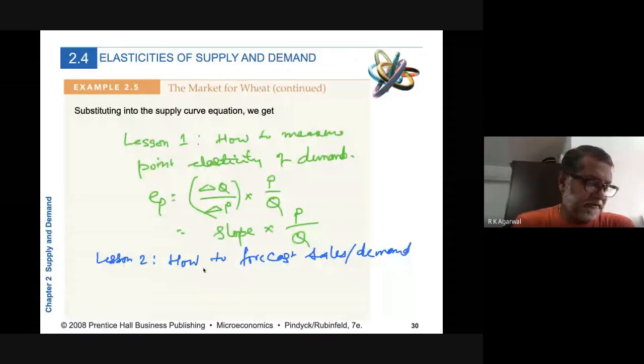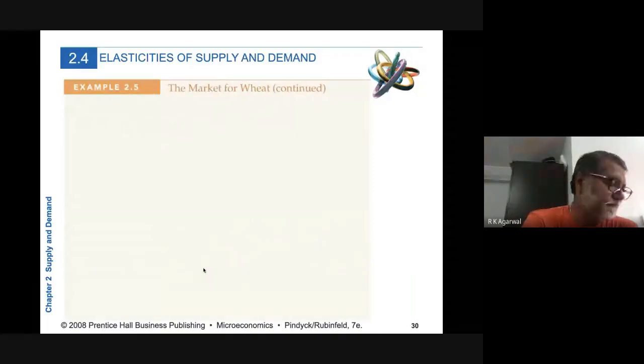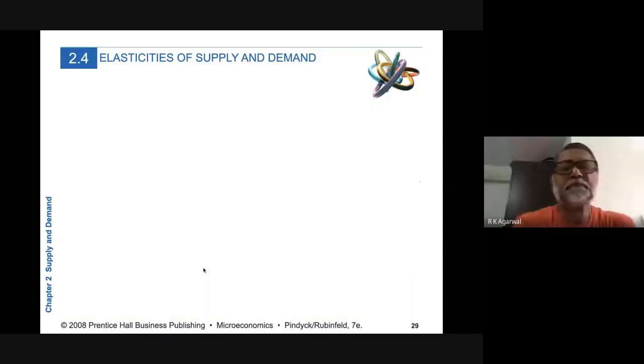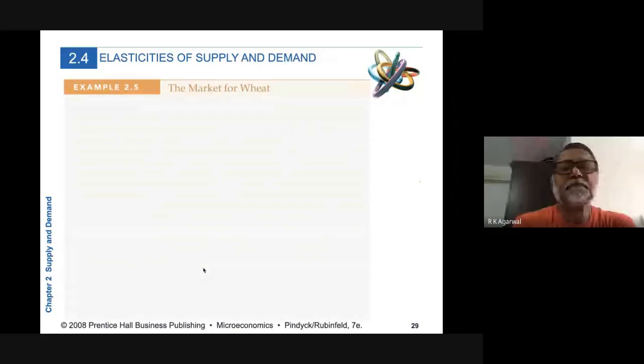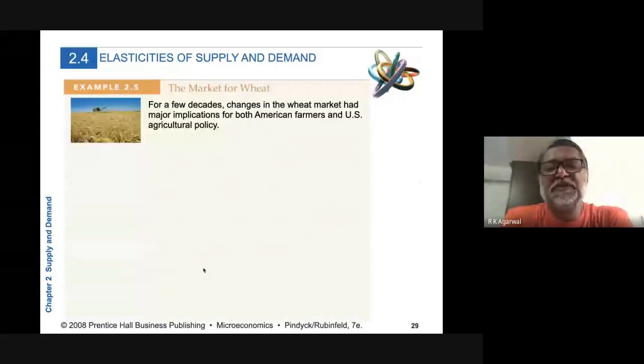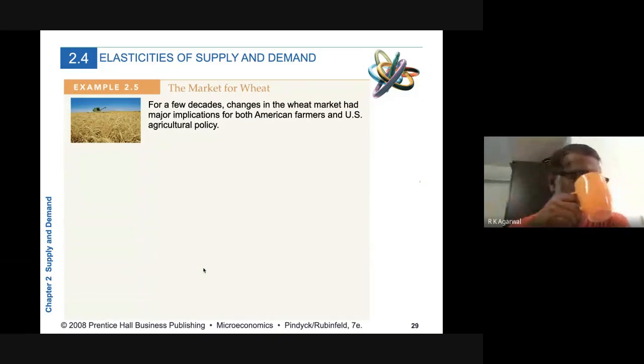So let us start with this one. So the market for wheat, over a few decades, changes in the wheat market had major implications for both American farmers and US agricultural policy. Of course, this example has been taken from a book written by American authors.